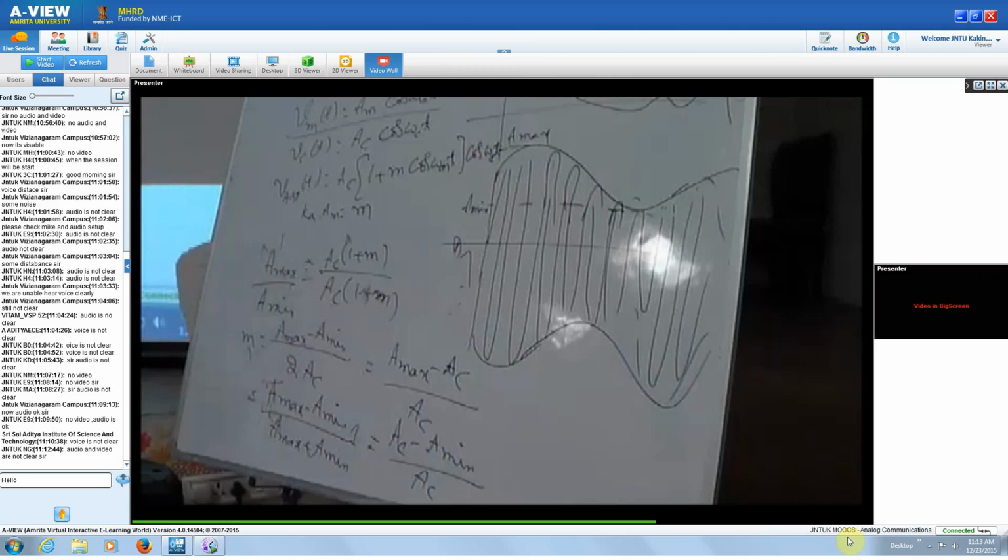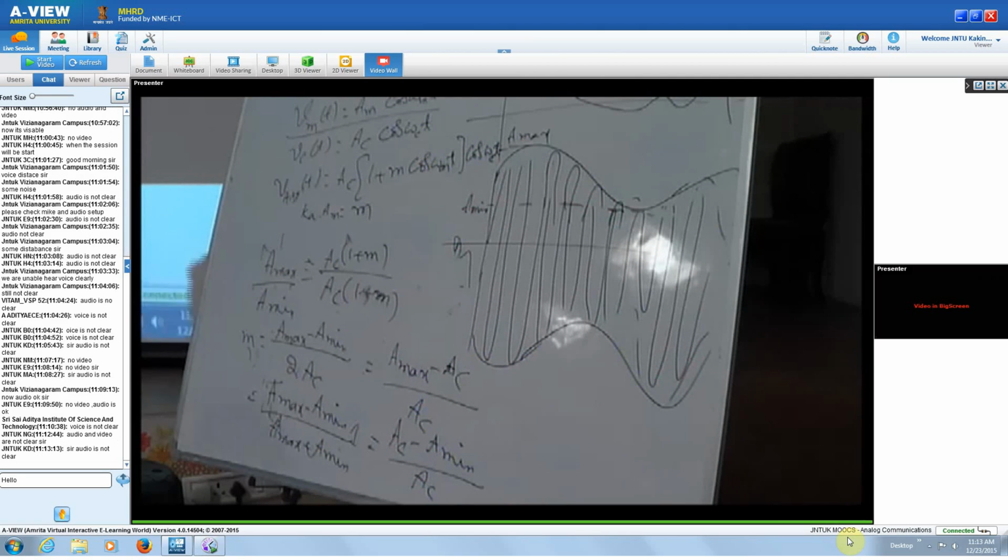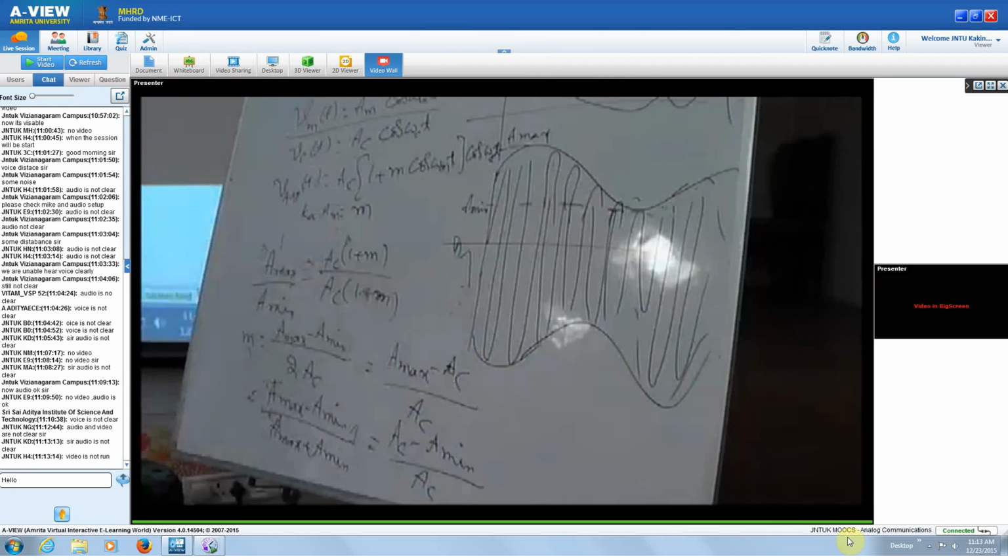Depending on the information given, you can calculate the modulation index, and if you multiply it by 100, that is the percentage of modulation in our AM signal, with single tone modulation.